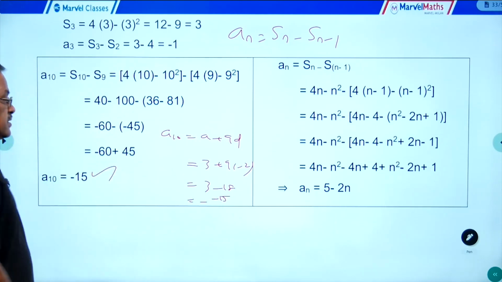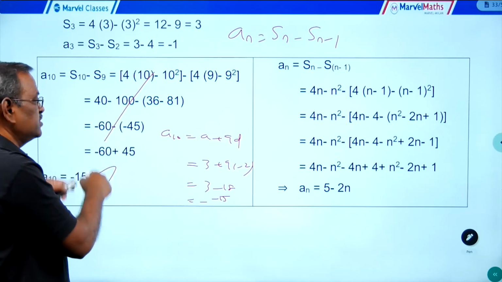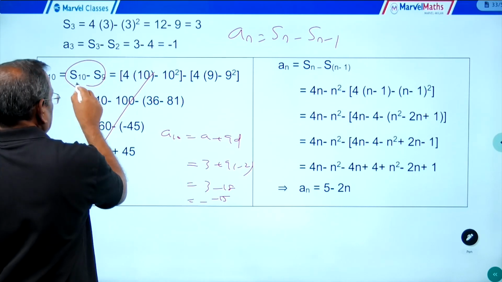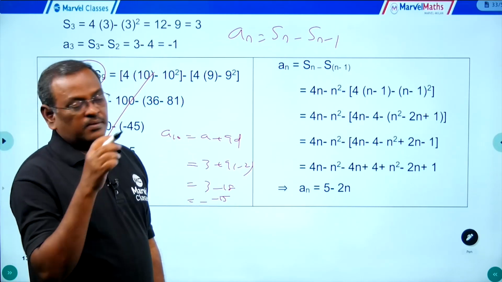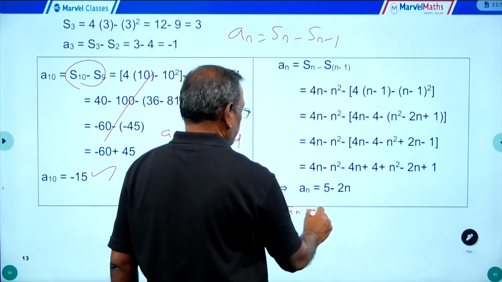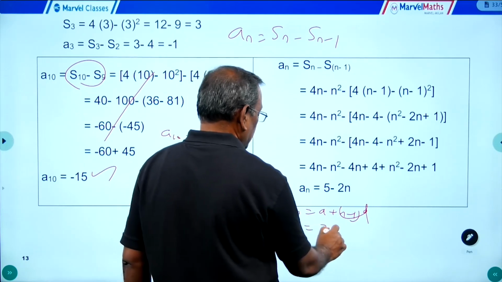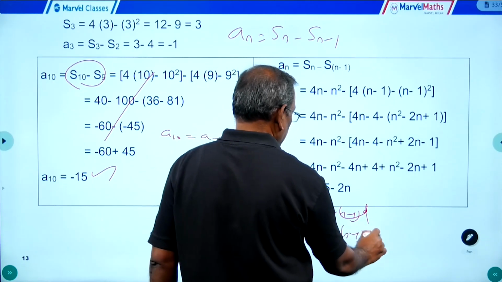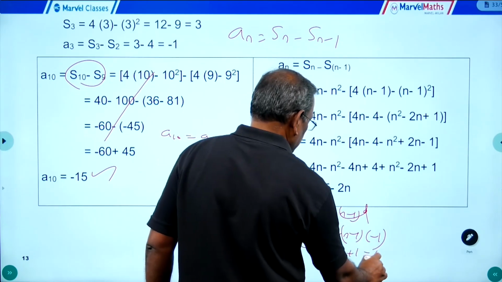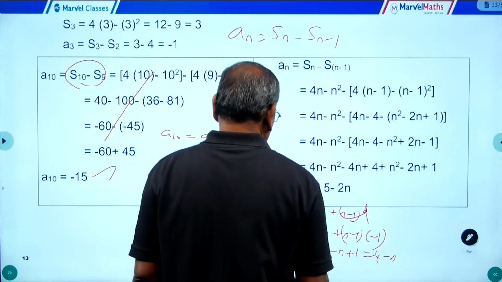You can calculate this, and no need to apply this method. This is also possible. This is a procedure, otherwise you can apply this method. Actually this concept is based on Sn, but you can apply the direct formula. Either you can write like this or An equal to A plus n minus 1 into d, where A equal to 3 and d equal to minus 2.